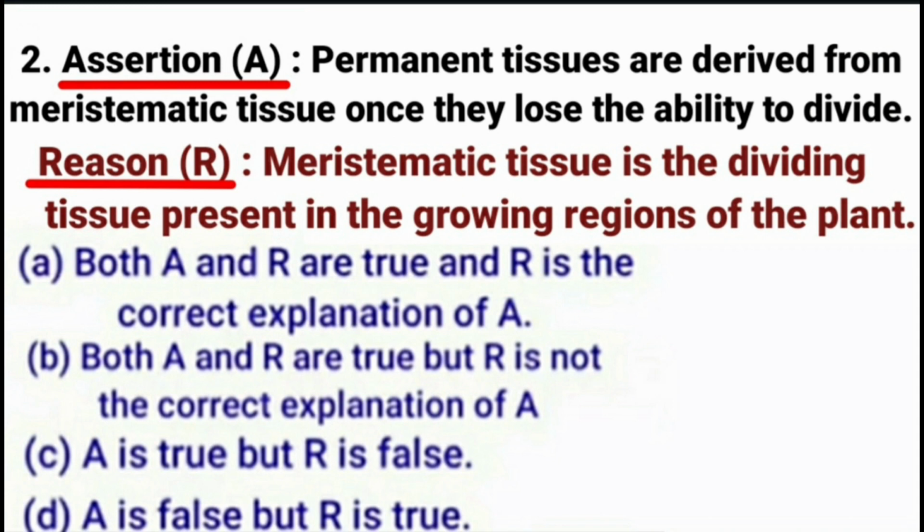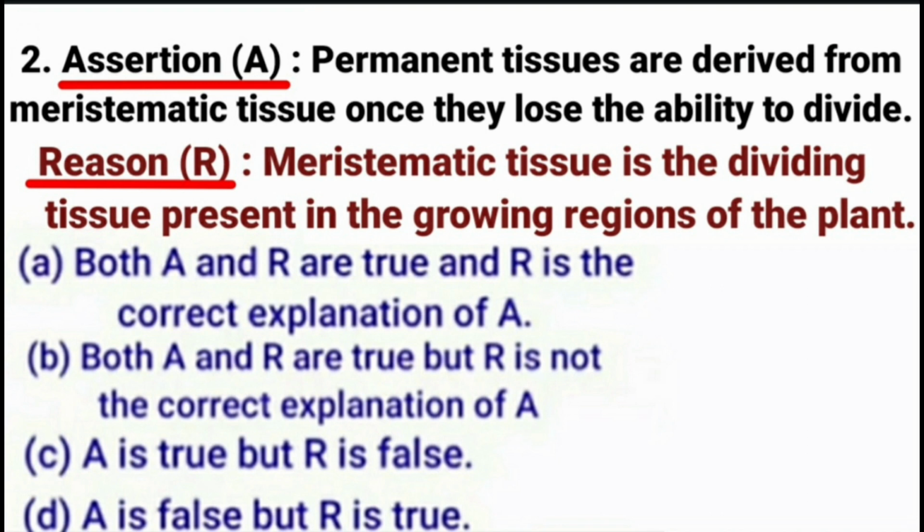Second question, assertion: permanent tissues are derived from meristematic tissue once they lose the ability to divide. Reason: meristematic tissue is the dividing tissue present in the growing regions of the plant. Here, both statements are true, but reason is not the exact explanation of assertion. Permanent tissues are derived from meristematic tissue once they lose the ability to divide because of differentiation.